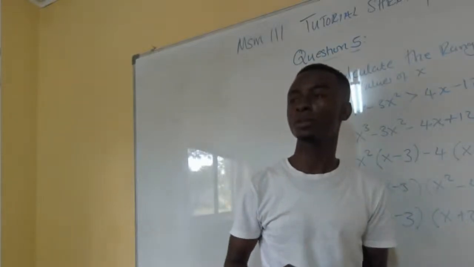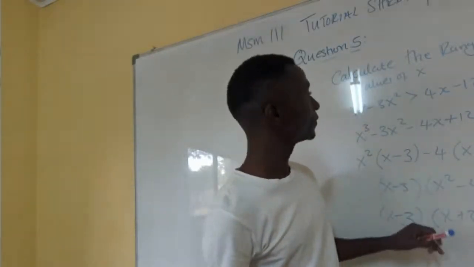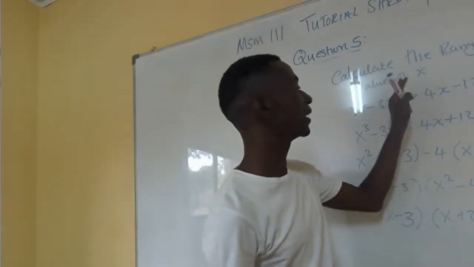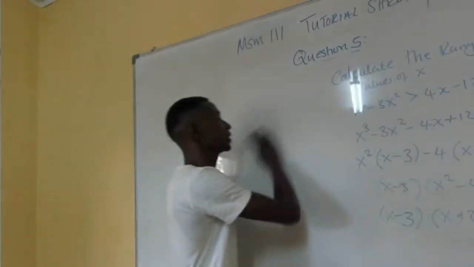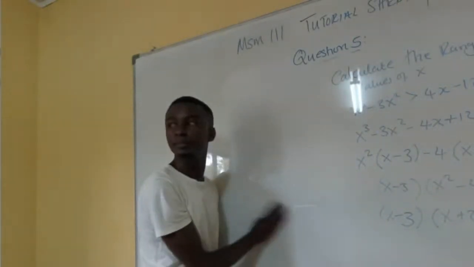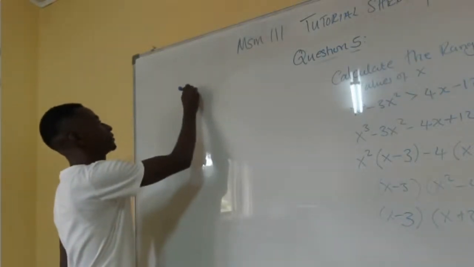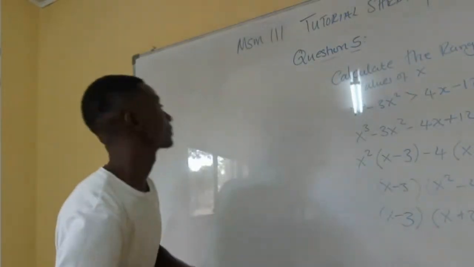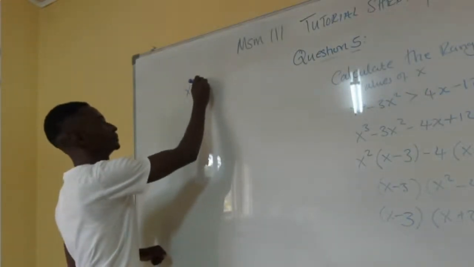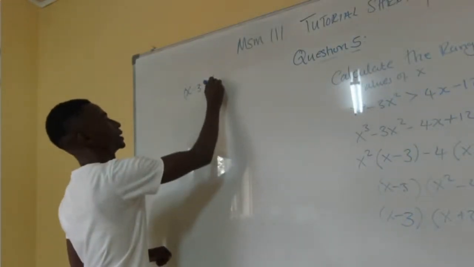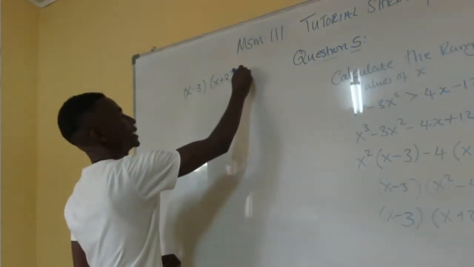So what is it that we want to find? We want to find the range of values of x. So now let's do this. So we have x minus 3, x plus 2, and x minus 2.